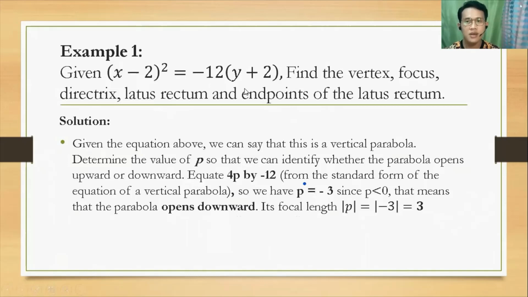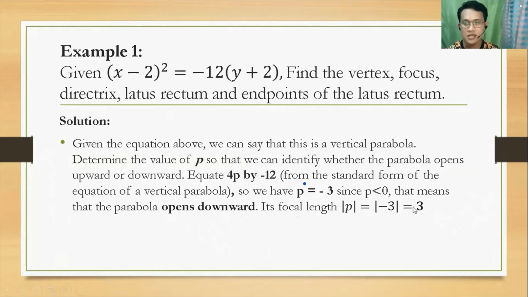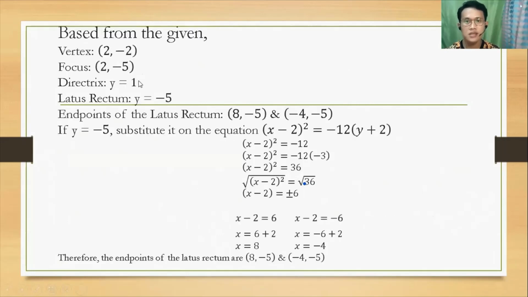Since in our equation here, the value of k is negative 2, and after that, you add the focal length. As you can see, we have the focal length 3. So plus 3. So we have negative 5 since it's going down. So negative 2 for your y. Okay, this is the y.